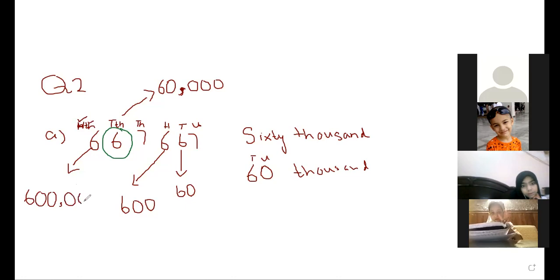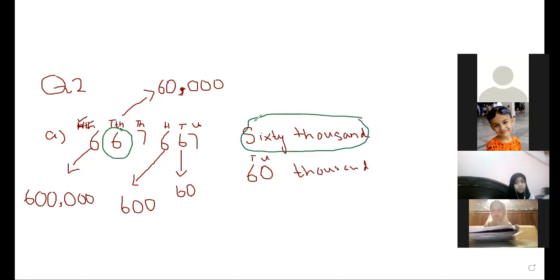So I write 3 zeros with it. With the help of these zeros, I find my value. You can see this one is 60, this is 600, this is 60,000, and this is 600,000. I want to find only 60,000. So I found my 60,000 here, and I circle this 6. Fine.